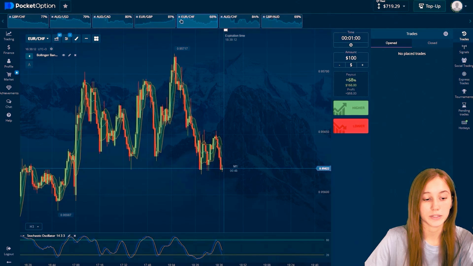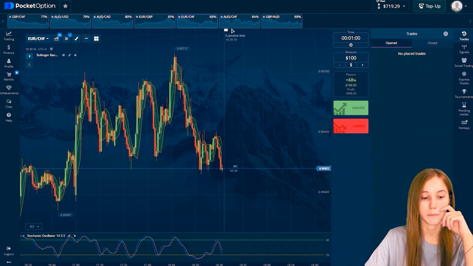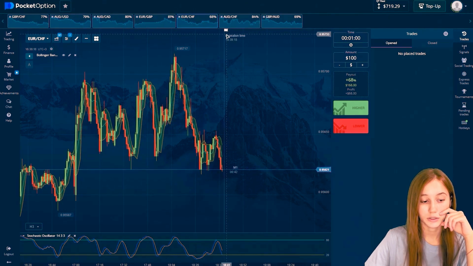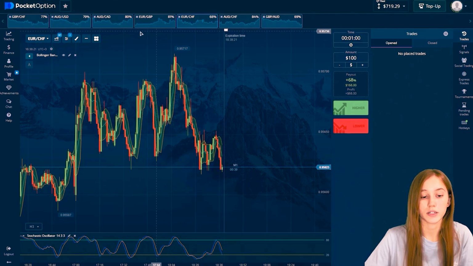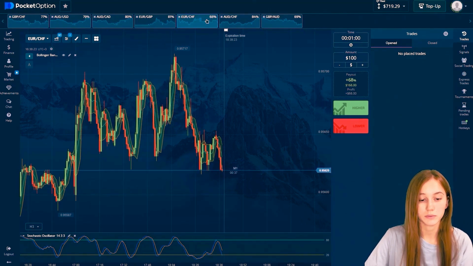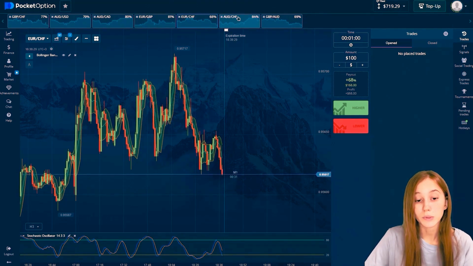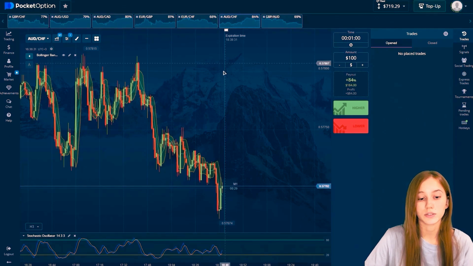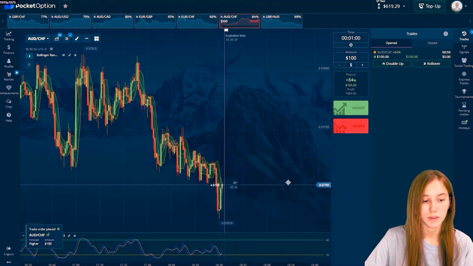We can see points from where it starts. Shadows say that it's a decreasing chart, decreasing market. And we now start to move in an up position.